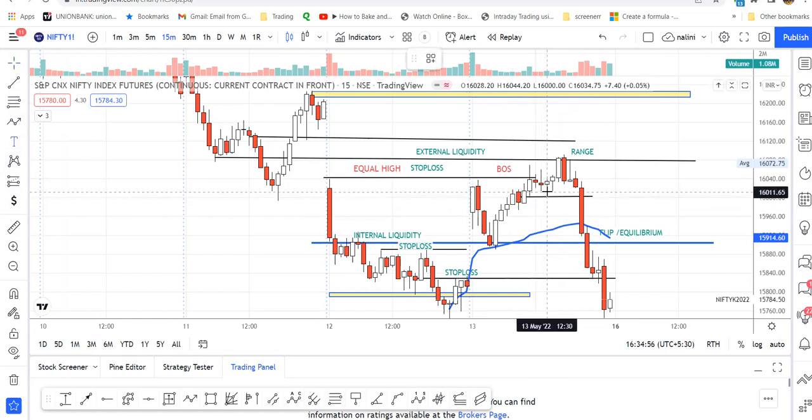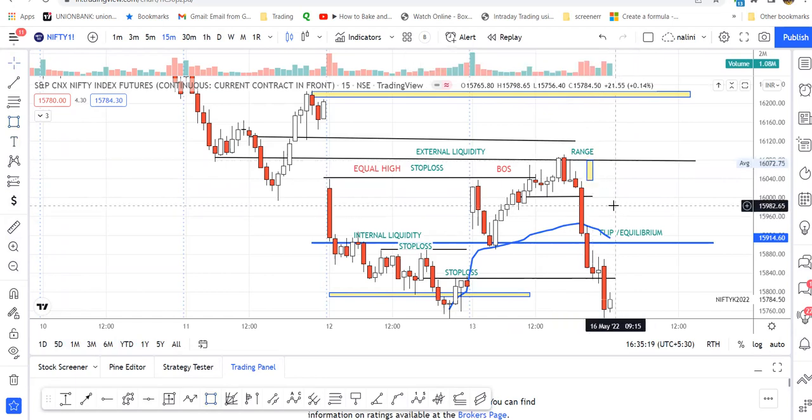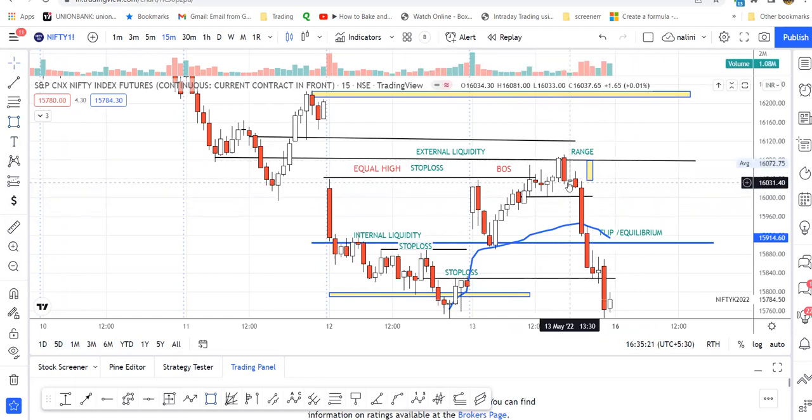Again, the stop losses are here, and the price plummeted. It came down and took all the buyers, and again the price pushed to this level. You can see in the live market, it will be like this, a big green candle pushing to this.